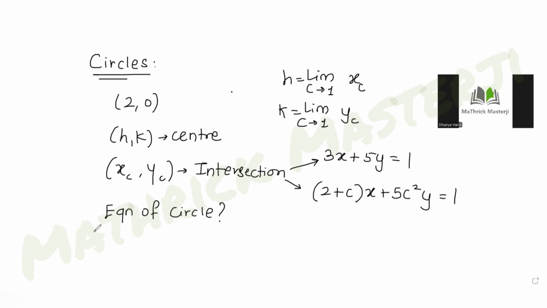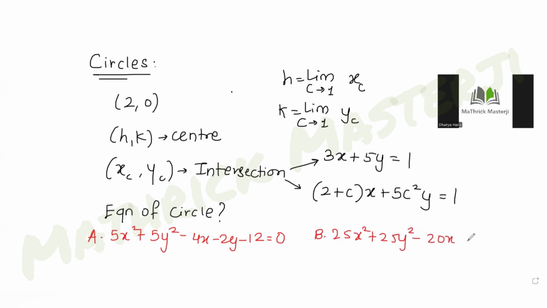If I talk about the answer choices, the options are: 5x² + 5y² − 4x − 2y − 12 = 0. The second answer choice is 25x² + 25y² − 20x + 2y − 60 = 0. The third answer choice is 25x² + 25y² − 2x + 2y − 60 = 0.